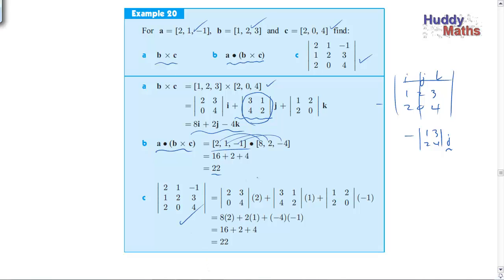The determinant of a 3 by 3 is, of course, what we said before. You're going to cover that and do that by the 2. And then here cover that and put minus 1, 3, 2, 4 by 1, because we're multiplying by these ones that we're crossing out, and the last one taking place of J would be 1, 2, 2, 0 by that neg 1.